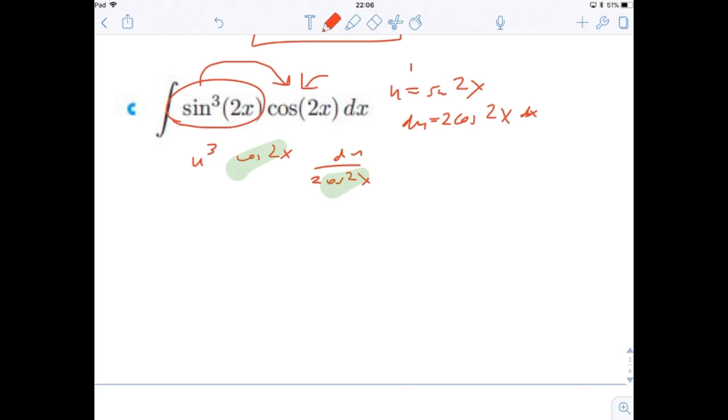So basically what we get is the integral of u cubed du divided by 2. The integral of that would be u to the fourth divided by 8 plus c, and I'm going to put the expression in for u back again. So I'll have sine to the fourth 2x divided by 8 plus c.